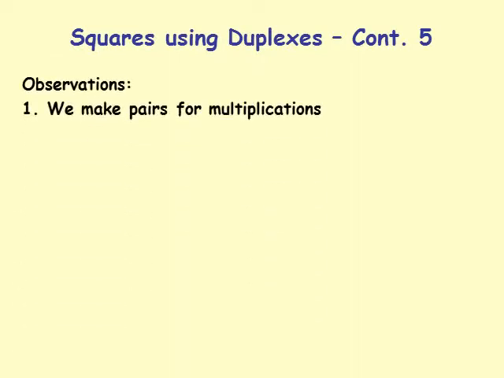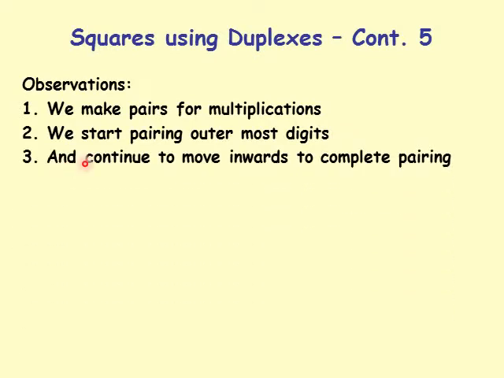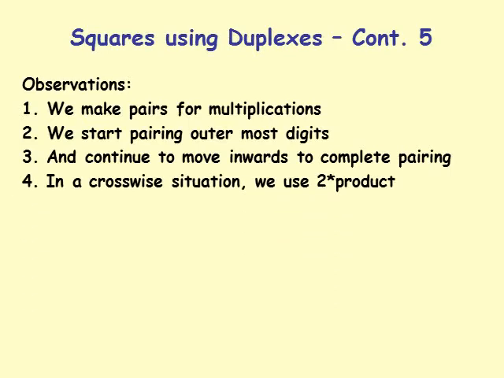Observations. We make pairs for the multiplications. We start pairing from the outermost digits. Then add and continue to move inwards to complete the pairing. In a crosswise situation, we use twice the product. In a vertical situation, we use one time the product.